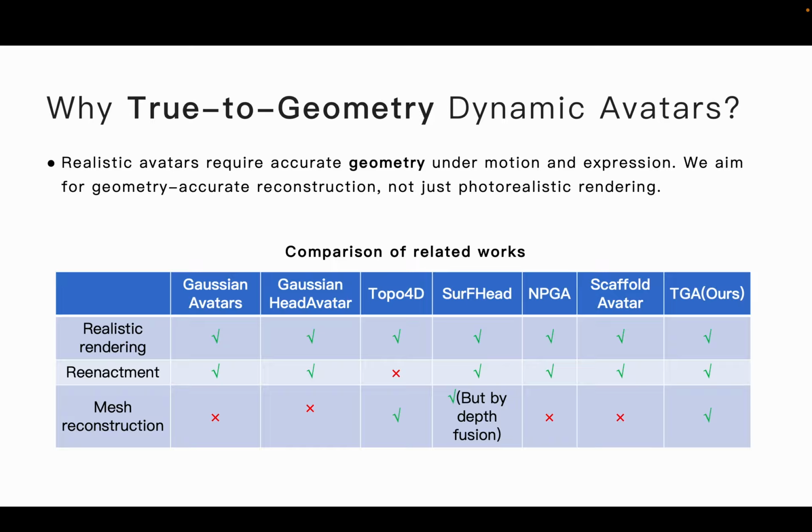As a result, the reconstructed surface may drift or collapse in certain regions, for example, around the mouth or eyes, which makes it difficult to extract reliable meshes or maintain consistent facial motion over time. So while they look realistic, they don't preserve the true geometry of the face, and that's exactly the gap we aim to fill with TGA.